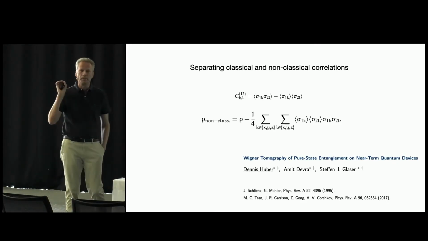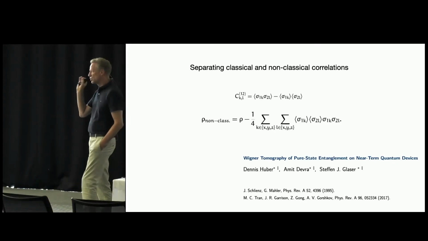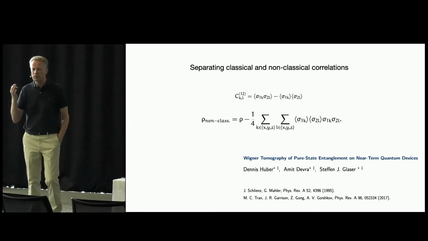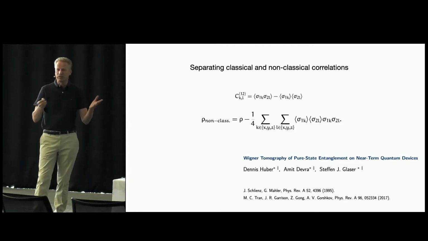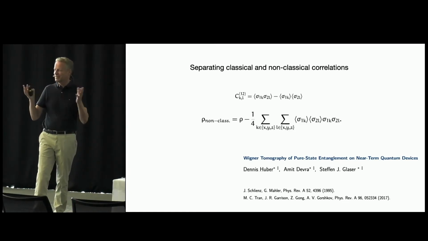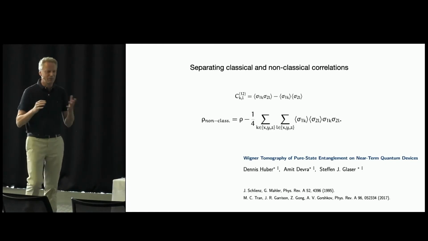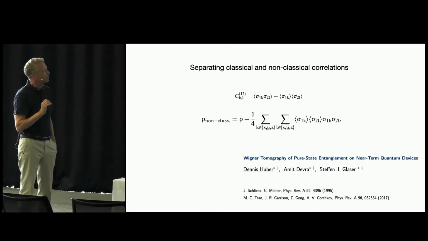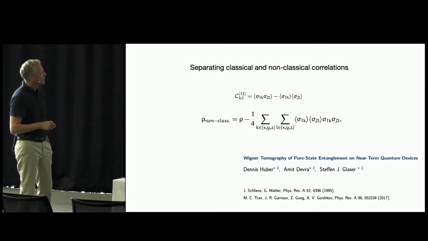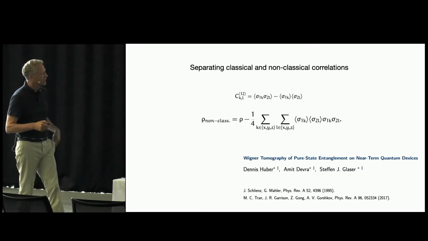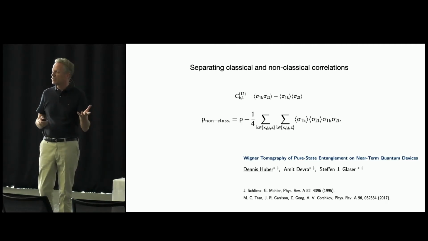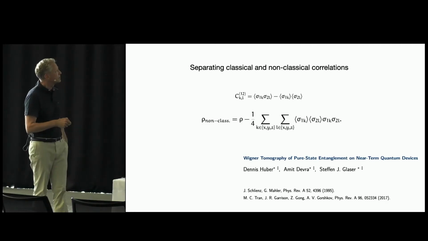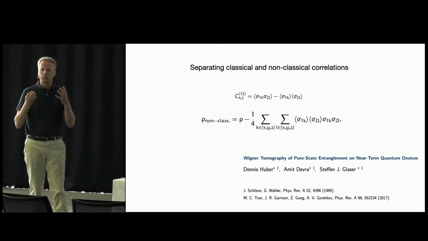And it turns out that in the case of pure quantum systems, which we are interested in, at least in teaching, of course, when it's getting realistic, it will not be pure, but for teaching purposes, we can first focus on the pure states. Then, very simply, one can subtract classical correlations, and what remains, these non-classical correlations, do correspond to entanglement.